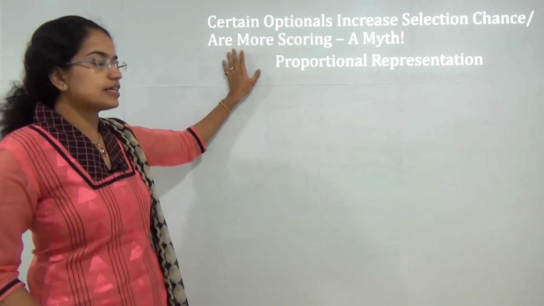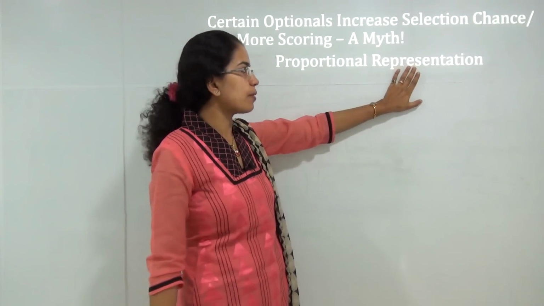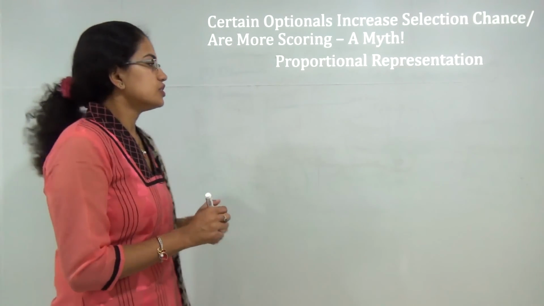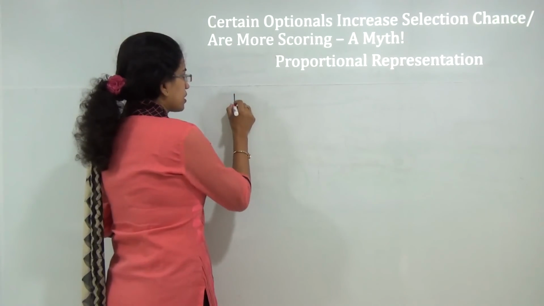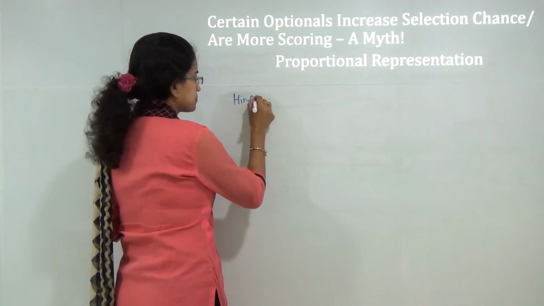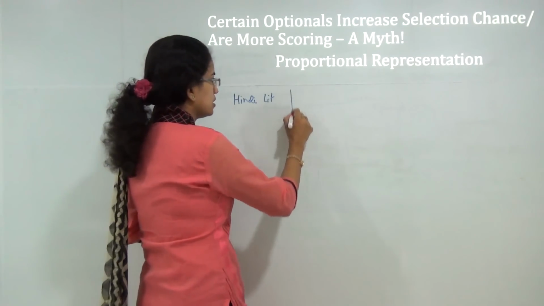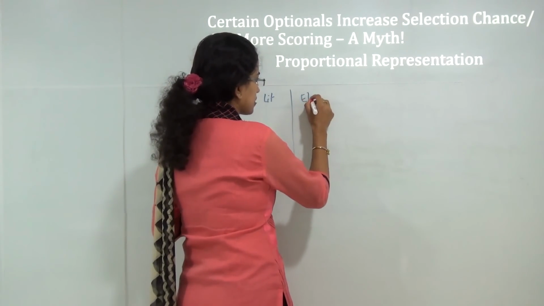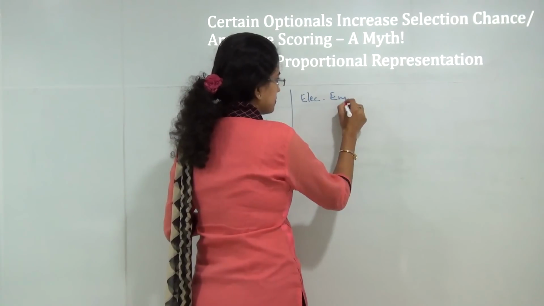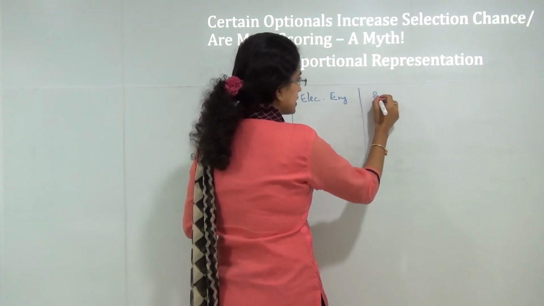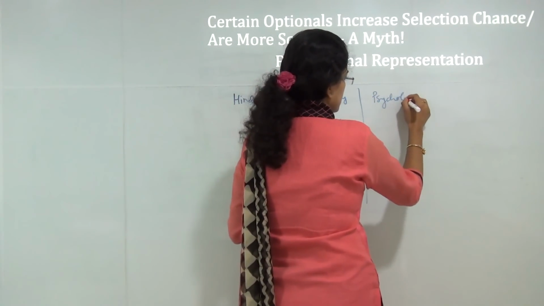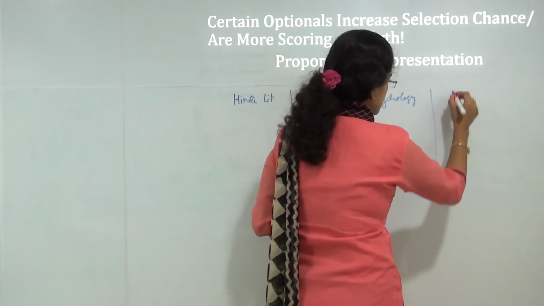What is important is to understand the concept of proportional representation. So let's say, with Hindi literature, I would be talking about 4 optionals here: Hindi literature, electrical engineering, psychology and public administration.